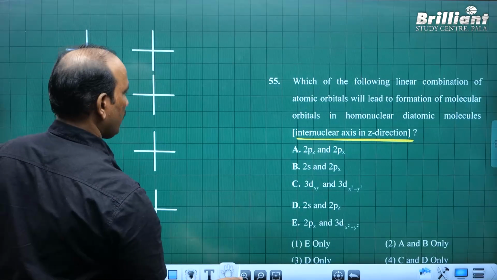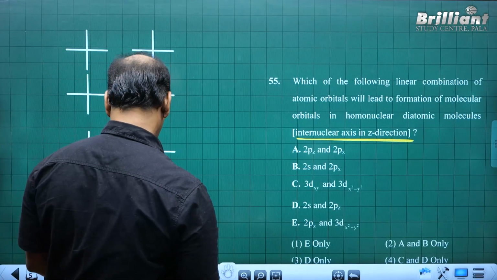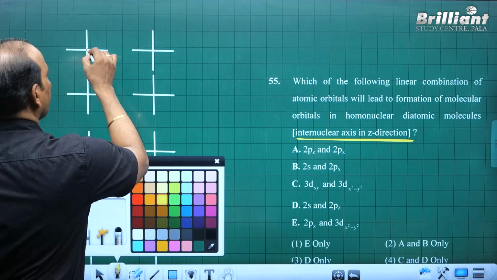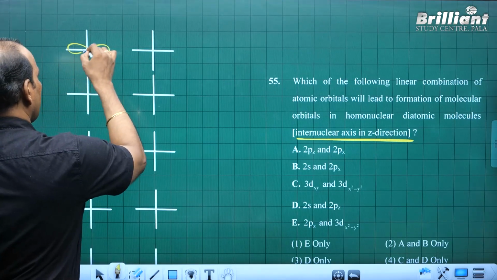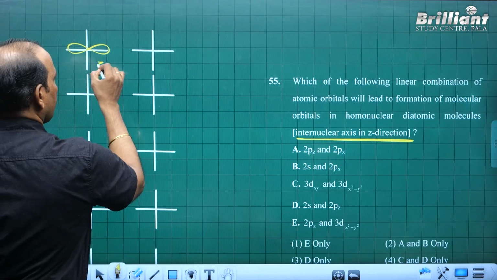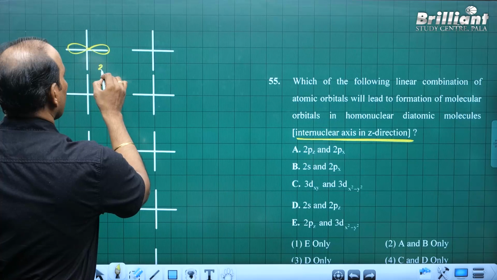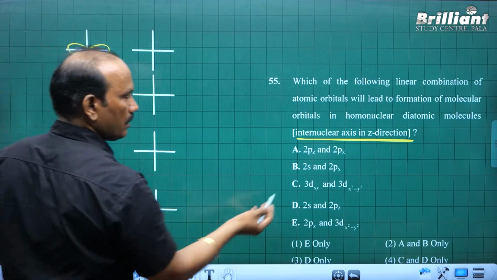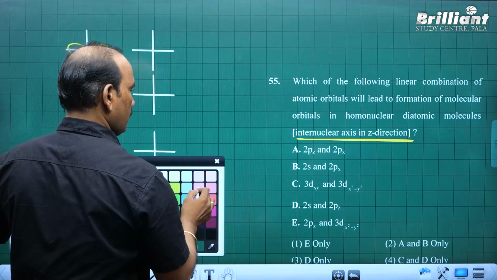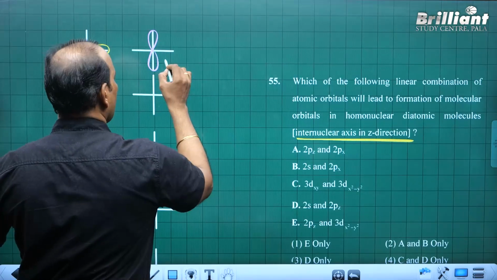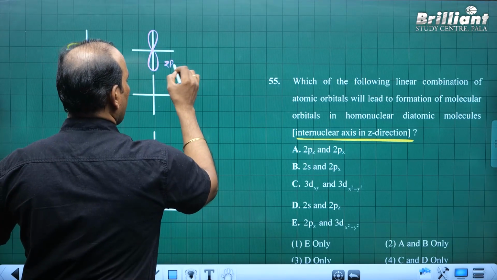Okay, and then here Z axis, I am taking, this is Z axis, that is 2pz. This is x axis, I am taking, this is x axis, 2px.